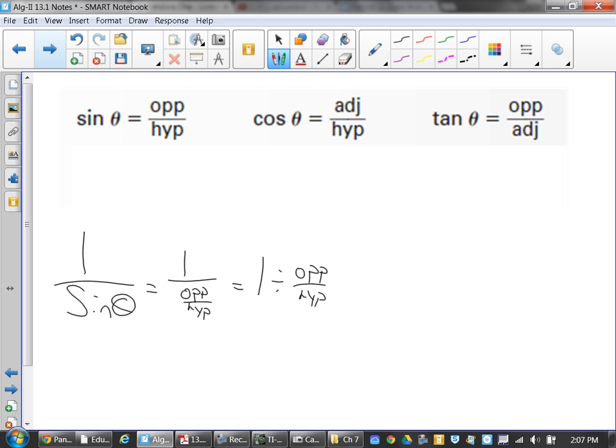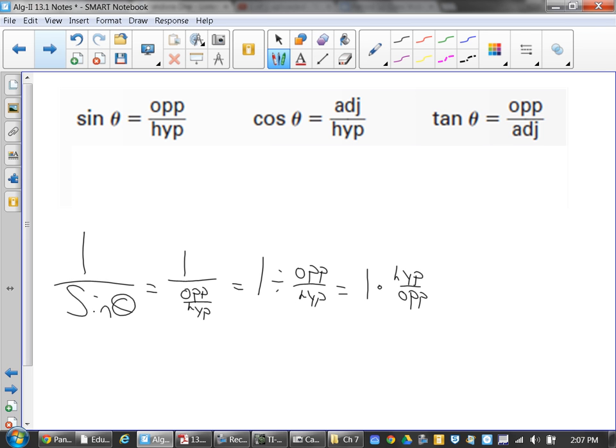Instead of dividing by a fraction, you multiply by its reciprocal. So this becomes 1 times hypotenuse over opposite. So the inverse of sine is hypotenuse over opposite, and that is called cosecant. Could you have just said that? Well, I've shown you where it comes from.